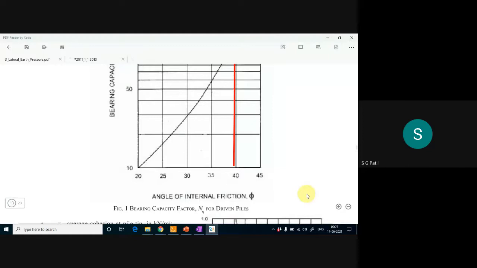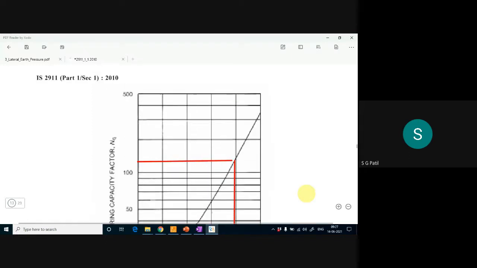This is 35, so 39 is somewhere here, right? Correspondingly, this is 100, 200, 300, 400, 500. So this is 150, and you can take it as 130. That is my Nq.